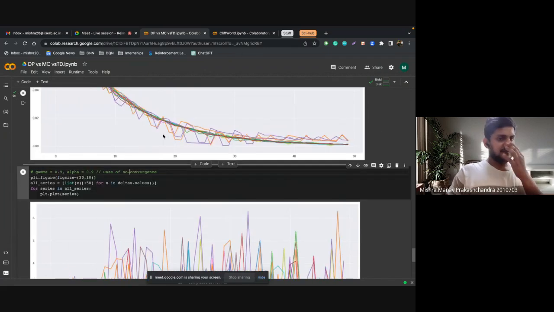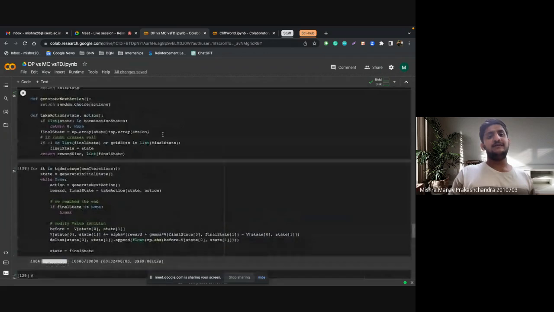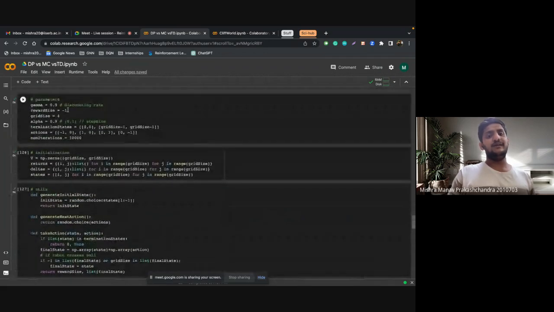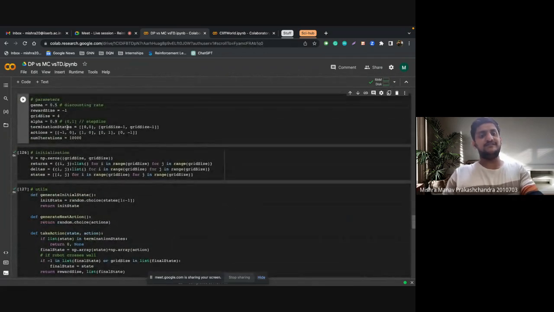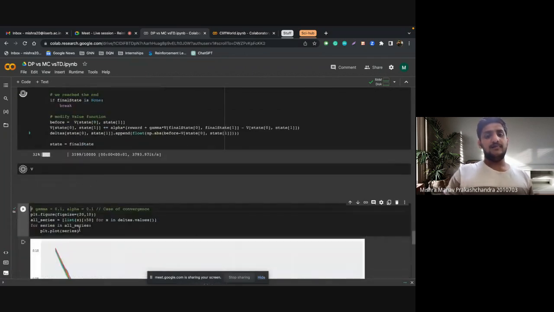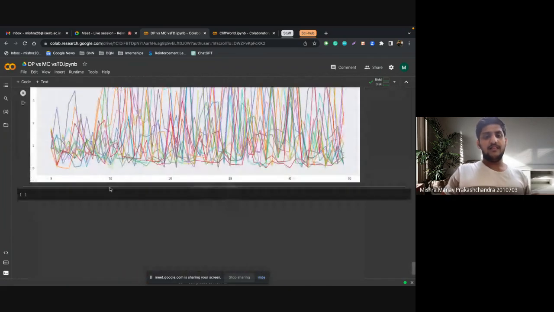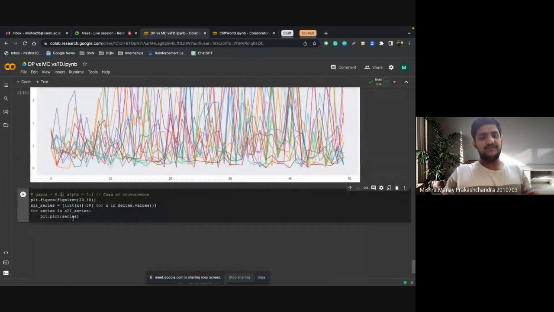So it turns out the tuning of the gamma and alpha parameters plays a significant role as far as convergence is concerned. So let's try finally with 0.5, 0.5. So this is for gamma 0.5 and alpha 0.5.